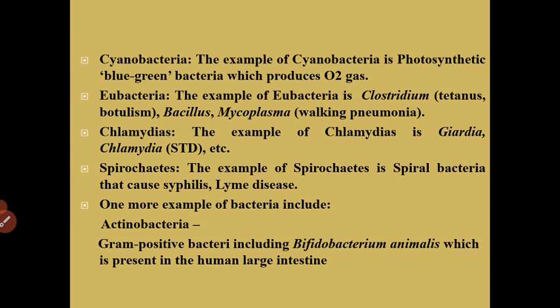Example Chlamydia, which causes STD. Spirochetes. Example spiral bacteria that cause syphilis or Lyme disease. Now one more example is Actinobacteria. They are gram-positive bacteria including Bifidobacterium animalis, which is present in the human large intestine.